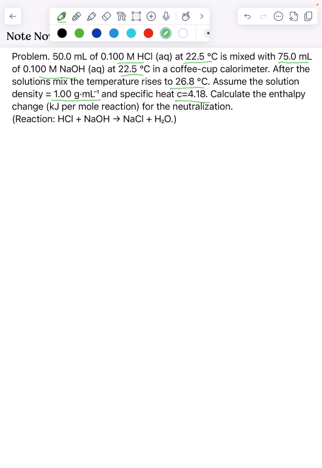Okay, so first we have to find the limiting reagent. We can find that by finding the moles of hydrochloric acid and moles of sodium hydroxide.